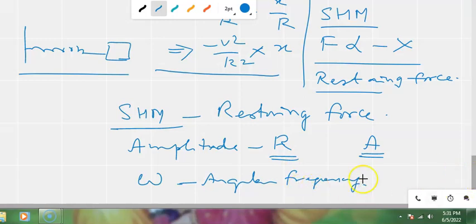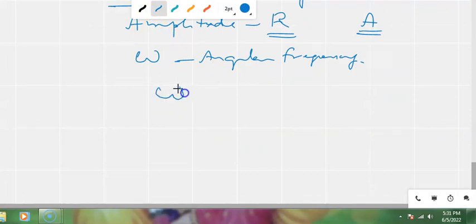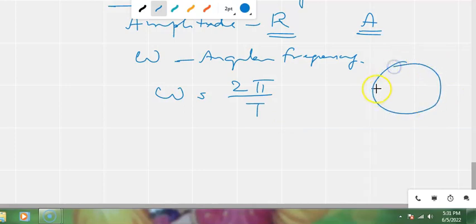One rotation gives us an angle of 2 pi, so omega is nothing but 2 pi by T. Suppose it takes time T, that is called the time period, which is required for one full revolution of the object around the circle, or the time required for the x coordinate to go and come back.